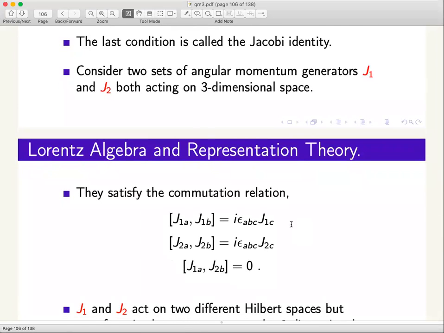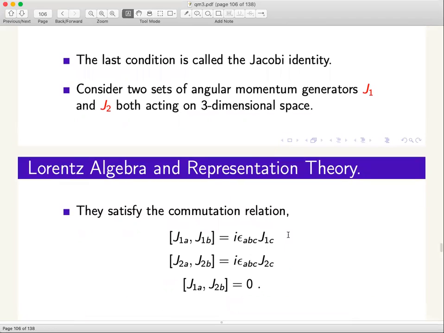The commutation relation between them, or the Lie bracket if you want to use the word. Sir, I don't understand the word angular momentum generator. It should be the rotation generator, right? It's again a word. If you want to use the word rotation, you can call it that. Angular momentum is a word used in quantum mechanics. It generates the rotation of space, but it counts the angular momentum of the state.